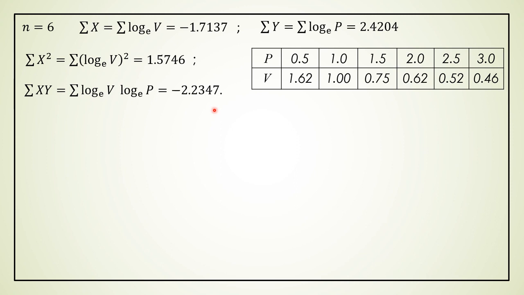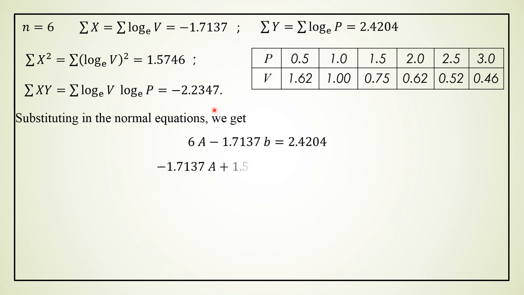Substituting all these summation values in the normal equations, we get a simultaneous equation with two unknowns, that is 6A minus 1.7137b is equal to 2.4204, and minus 1.7137A plus 1.5746b is equal to minus 2.2347.